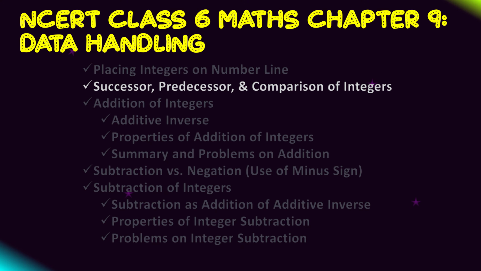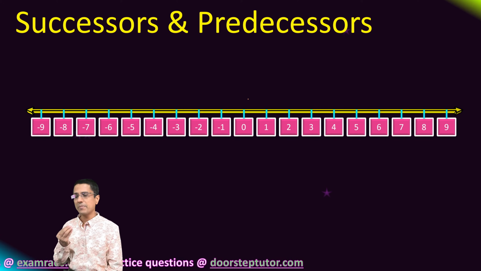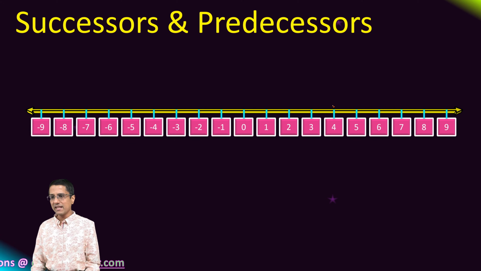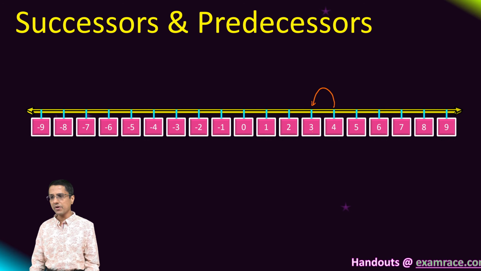Very, very important. Similar to natural numbers and whole numbers, the number line of integers also has the concept of predecessors and successors. So let's understand it with an example. Consider the number 4. If I go one number to the left of number 4, number 3 is the predecessor.